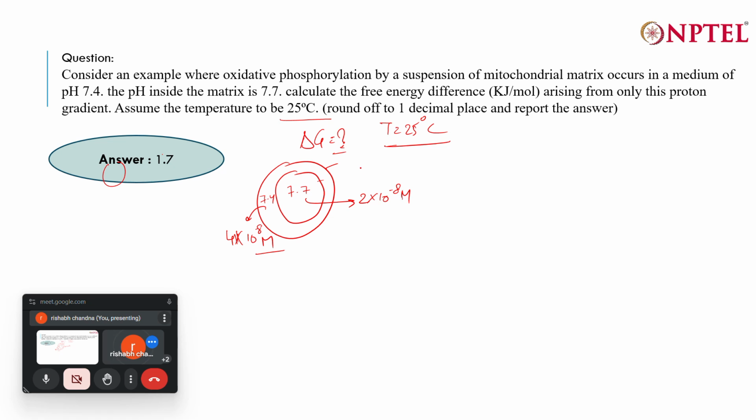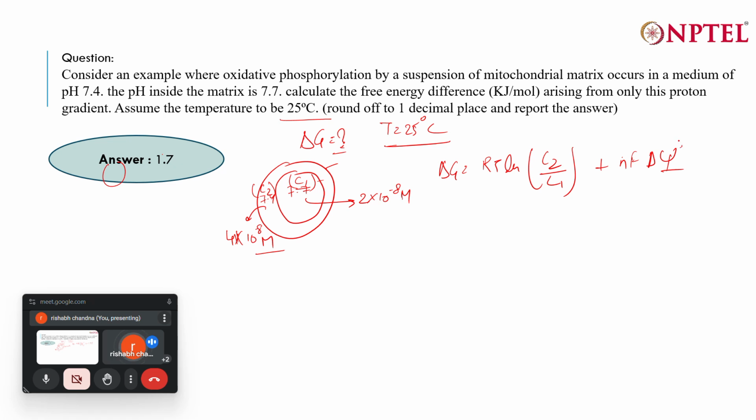Considering this to be C2 and this to be C1, the delta G is actually calculated as RT ln C2 by C1 plus NF delta psi.